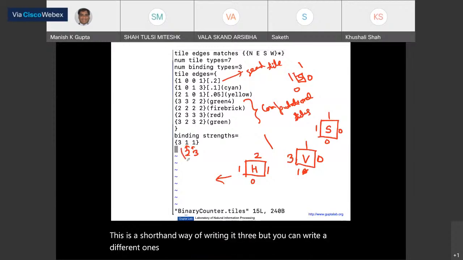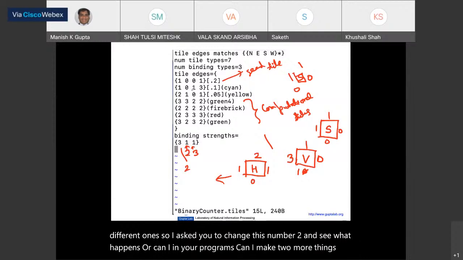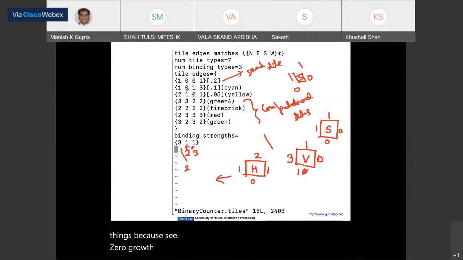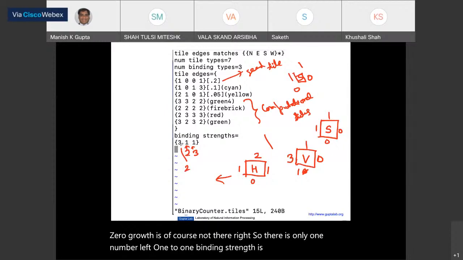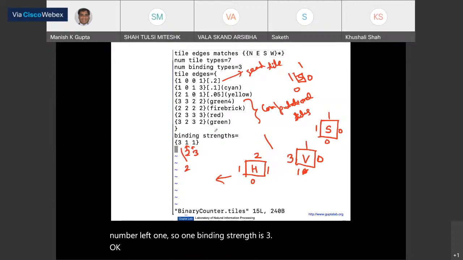So I ask you to change this number to 2 and see what happens. Because 0 growth is of course not there, right? So there is only one number left, 1. So 1 binding strength is 3. Okay, so this is growing it. So let me show you.